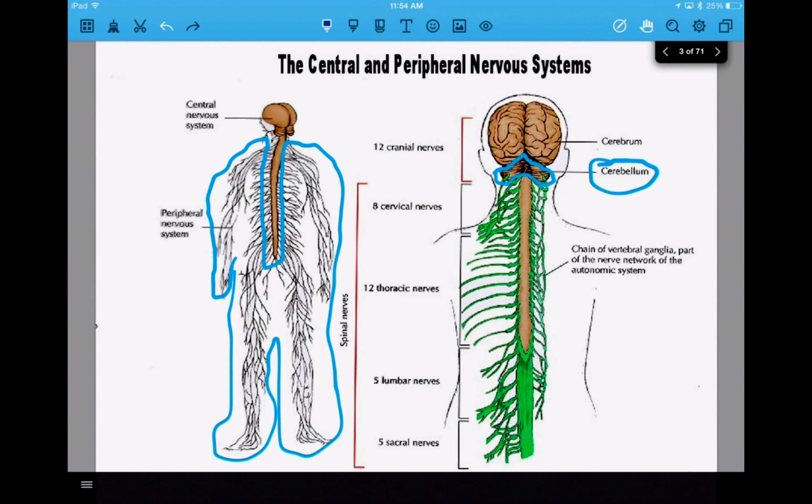The cerebrum is your brain proper, whereas the cerebellum, you can feel if you just go to the base of your skull, right about there, squishy tissue. And when you come down from the cerebellum, right here, this region, which I'm just going to fill in for you, is your medulla oblongata. And that's a very important center for breathing and respiration and things like that.